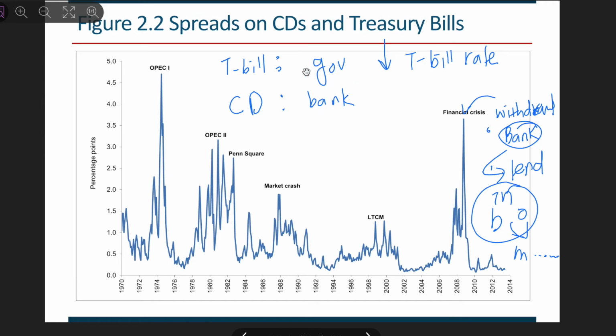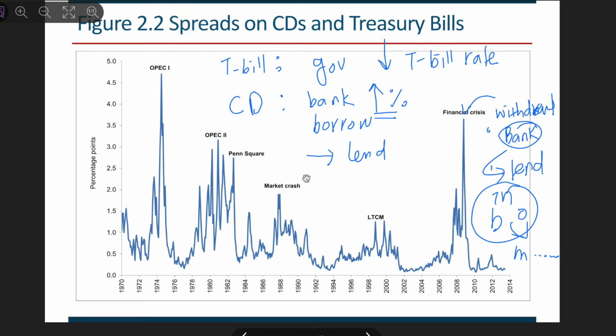So what happened is, in the case of financial crisis, the CD or bank has to pay you higher interest to borrow, and then they have to lend it later, which is the major job of the commercial bank. They have to raise the funding, and to raise the funding in a financial crisis, you have to give a higher yield than in the normal era. So what happens when the CD rate goes up and the T-bill rate goes down?